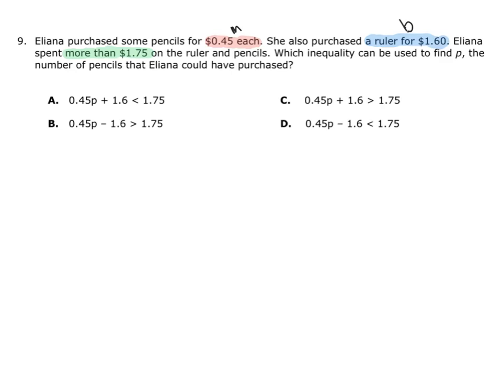So that tells us that is our total, or our Y. So we need to make our equation Y equals MX plus B. Said B was $1.60. The M was 0.45 X. And the total is the $1.75.